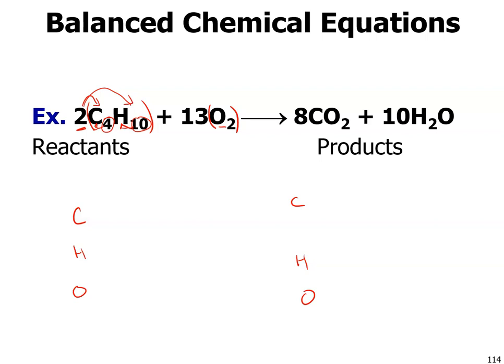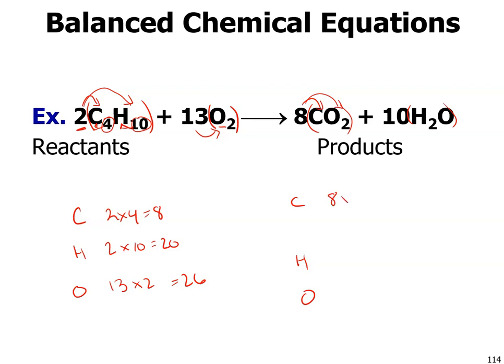So for carbon, I have 2 times 4 is 8. 2 times the 10 hydrogens in the molecule, that's going to be 20. And then finally, 13 times 2 is 26. The same thing happens over here. We have 8 carbon dioxide molecules. I'm going to multiply that through.